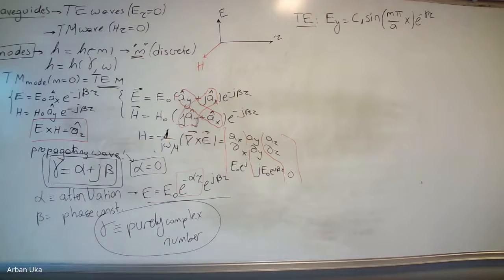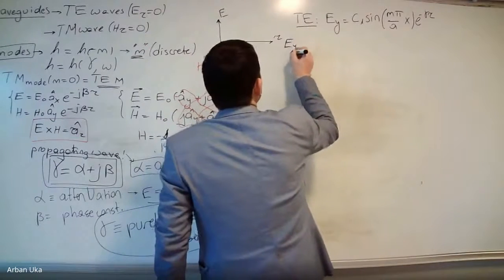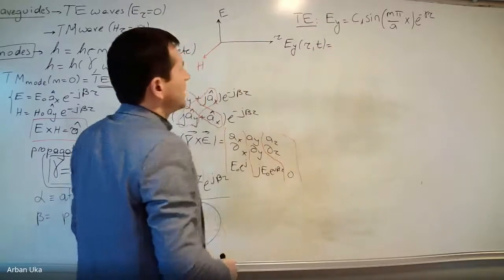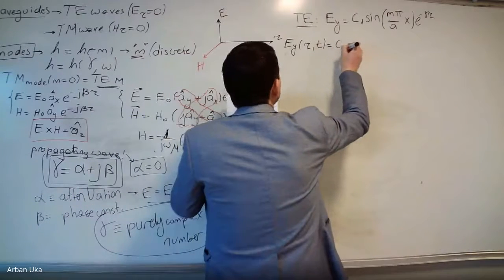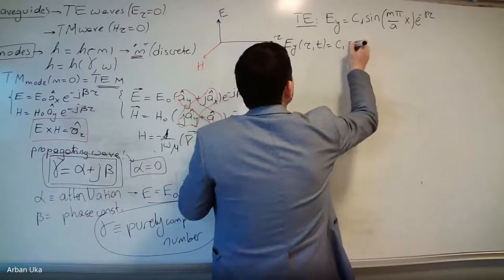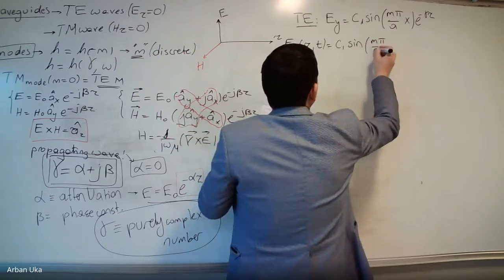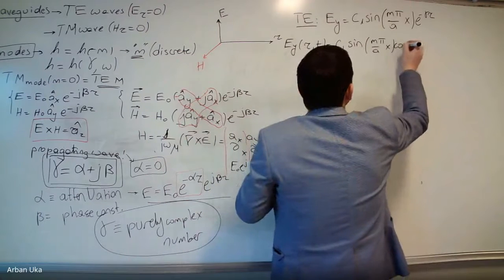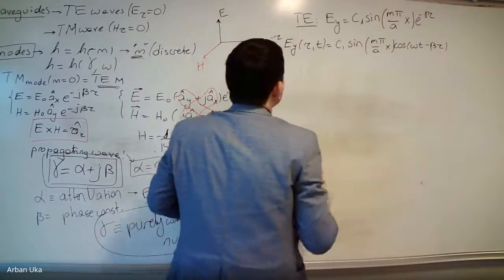And as we said, the E_y as a function of z and as a function of time, which will include the instantaneous expression, can be described as a constant C1 times sine of m pi over a x times cosine omega t minus beta z.